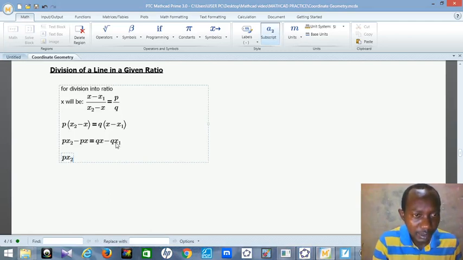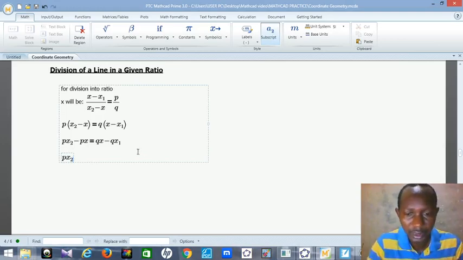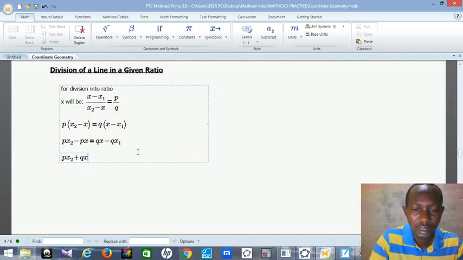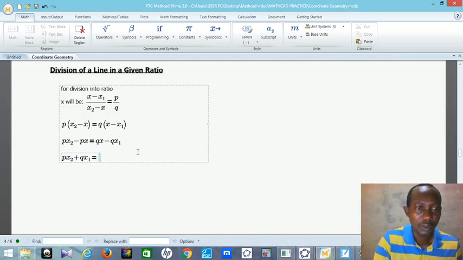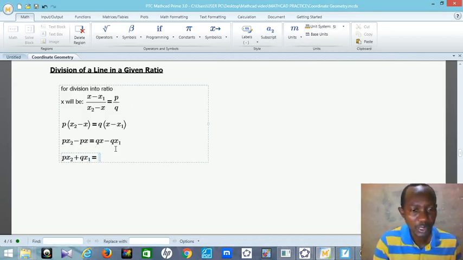I want qx1 to come here because they are the two values that will be given in the question. Then this one will now be equals to px plus qx.